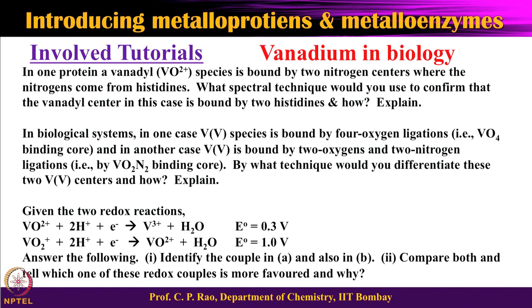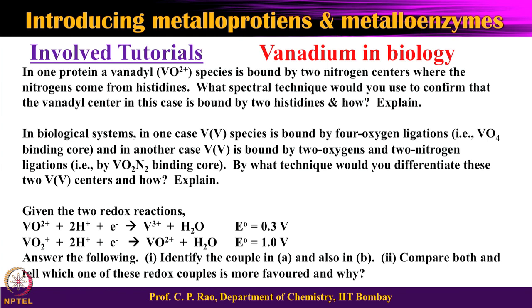You need to look at first of all what is the couple. On the left side VO2 plus, vanadium is 4 plus, right side is V3 plus, so the couple is V4 plus versus V3 plus. In the next one, vanadium is 5 on the left, and on this side VO2 plus, vanadium is 4.